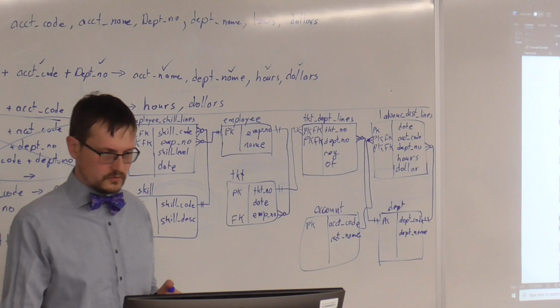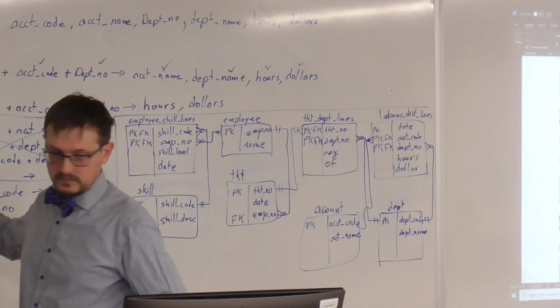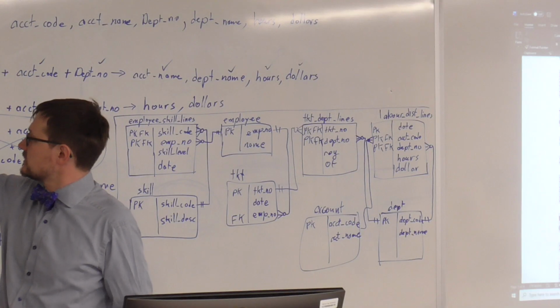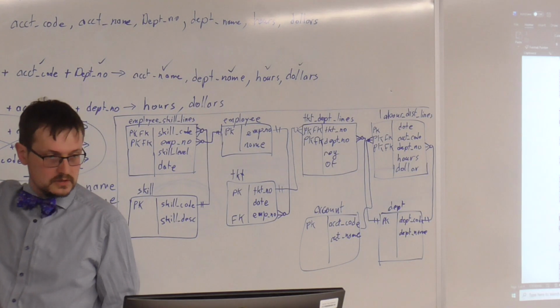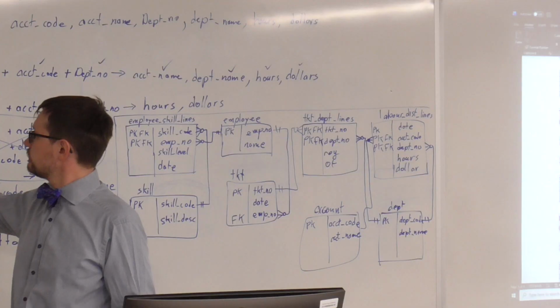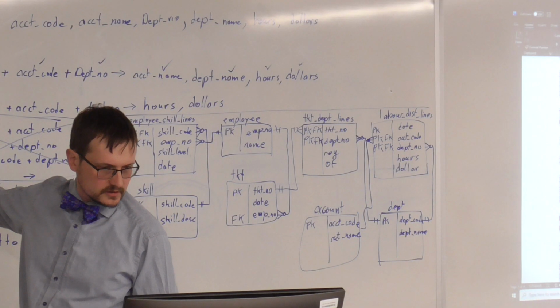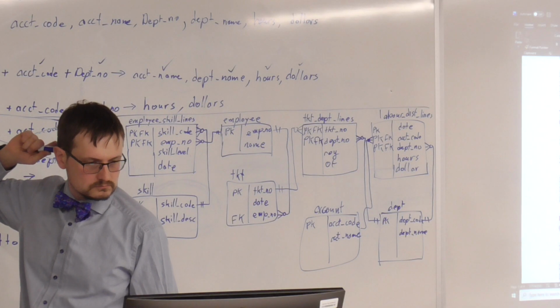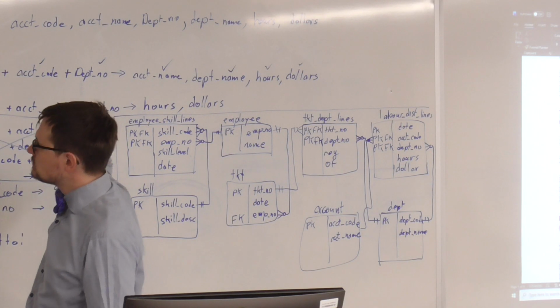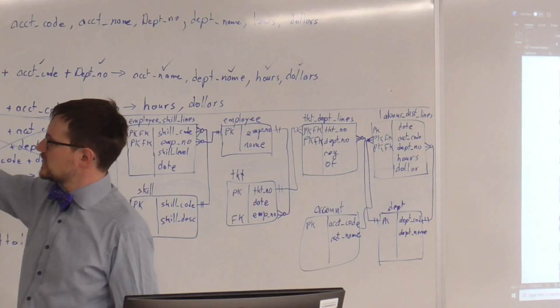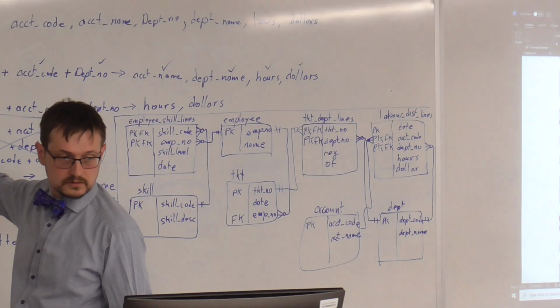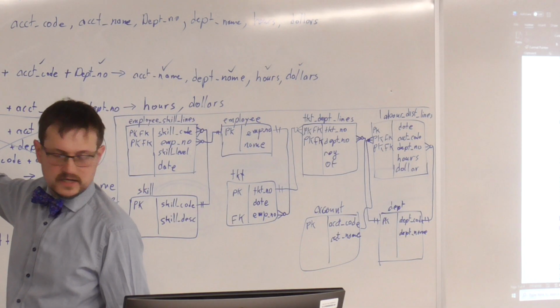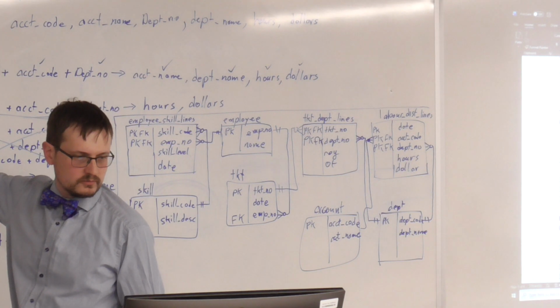So for third normal form here, we have time ticket, department number. Ticket number, employee number, ticket time and date. Yeah, no, that's right. We got it right.